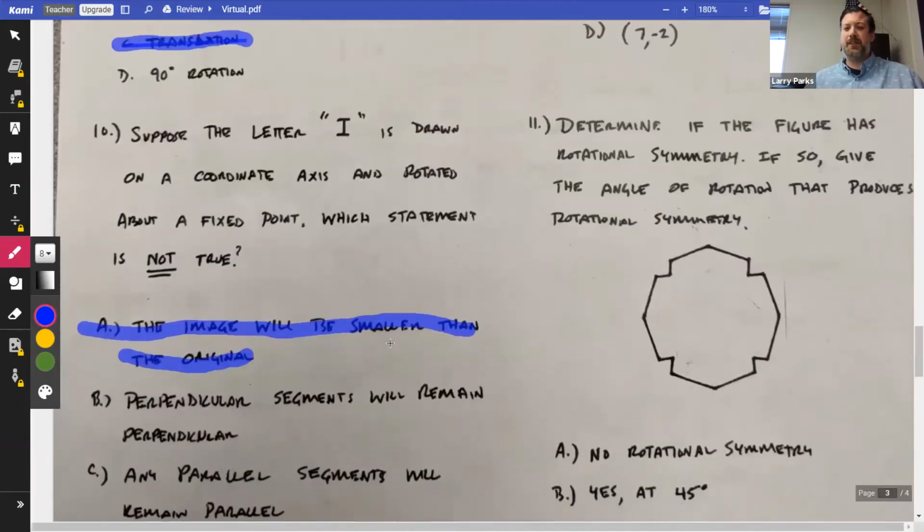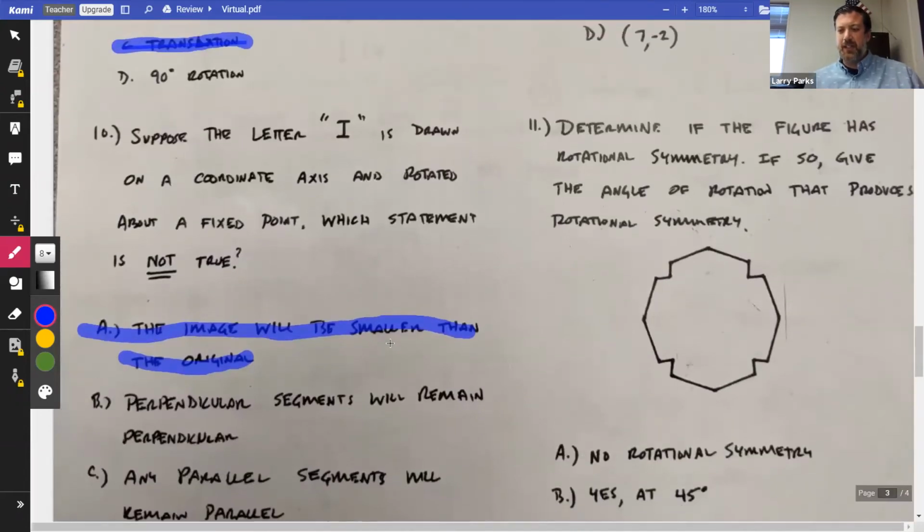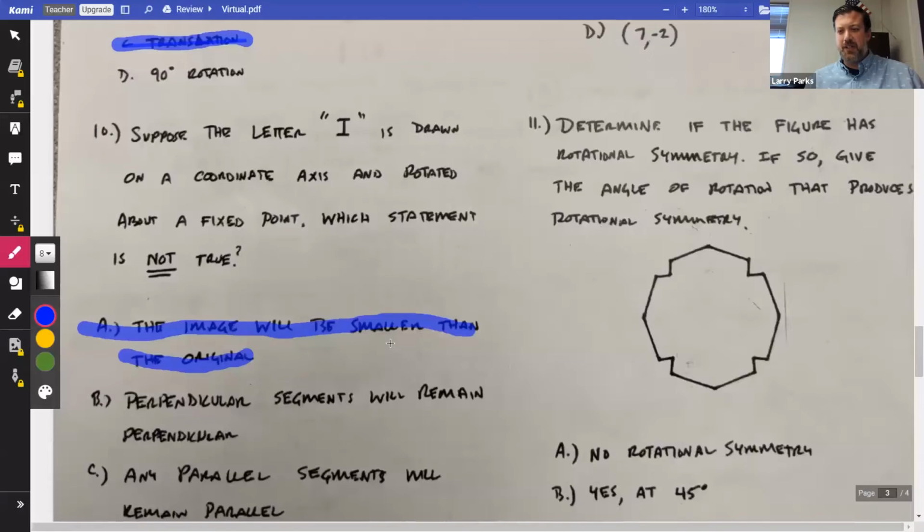Number 11, determine if the figure has rotational symmetry. If so, give the angle of rotation that provides rotational symmetry. I usually just start at a point, and then I try to find that point again, and it would go right there if I were to turn it, and then find that point again, that would be right here, and then right here.